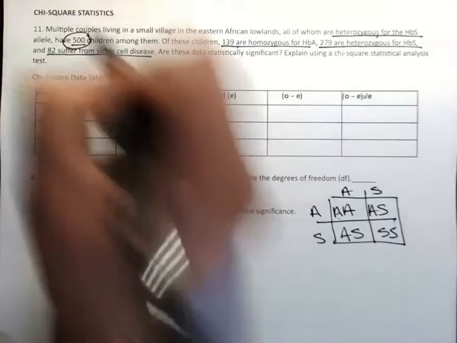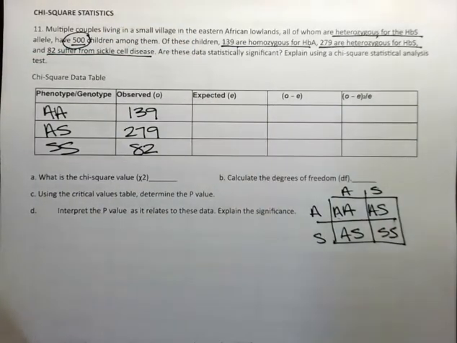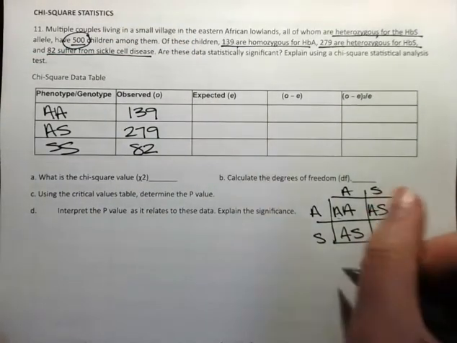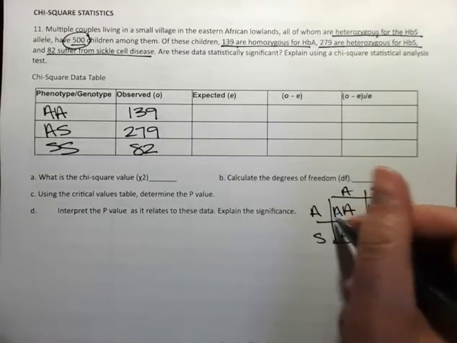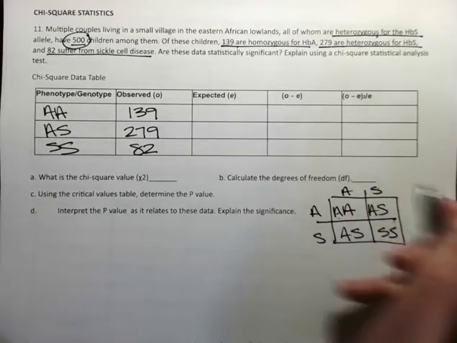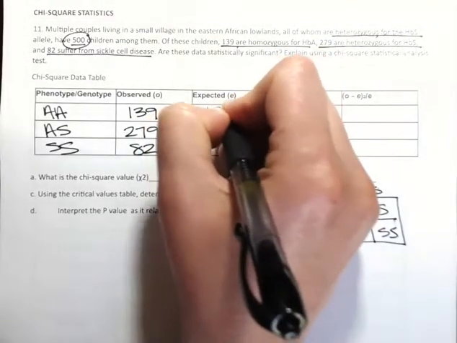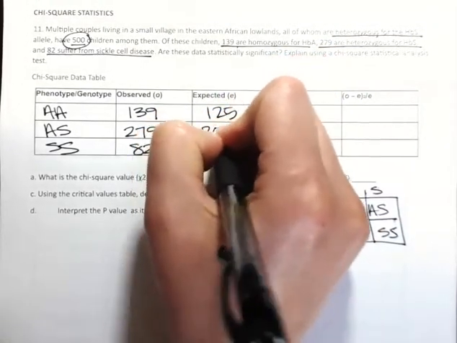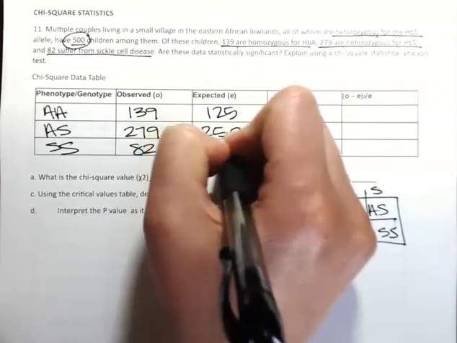There were 500 children, so I'm going to multiply 500 times 0.25 for this, 0.5 for this, and 0.25 for this. And so I get 125, 250, and 125.